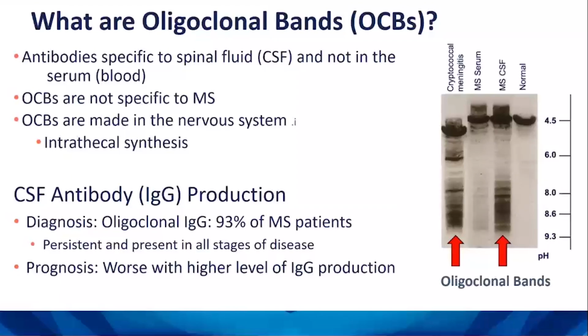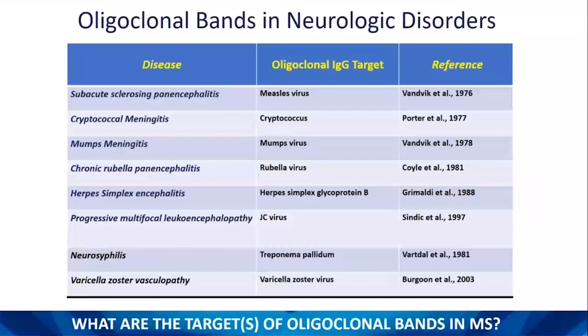So why are they not specific? Because we see them in other disorders of the nervous system. And I've listed a couple of them here, and I'll just have you notice that all these fancy words over here relate to diseases that are infections of the nervous system. And when these patients have these infections, these oligoclonal bands are targeted against the infectious organism causing it.